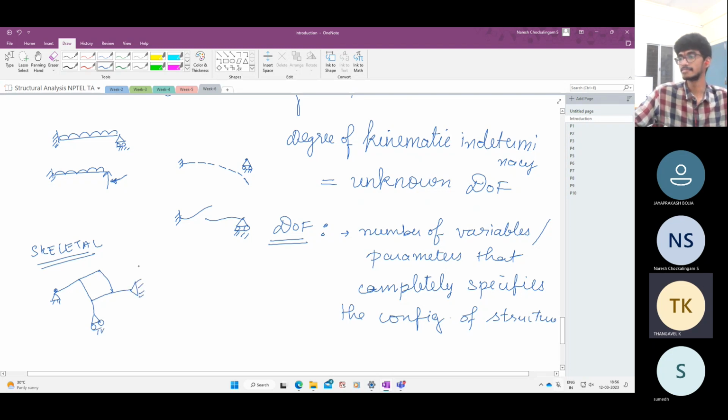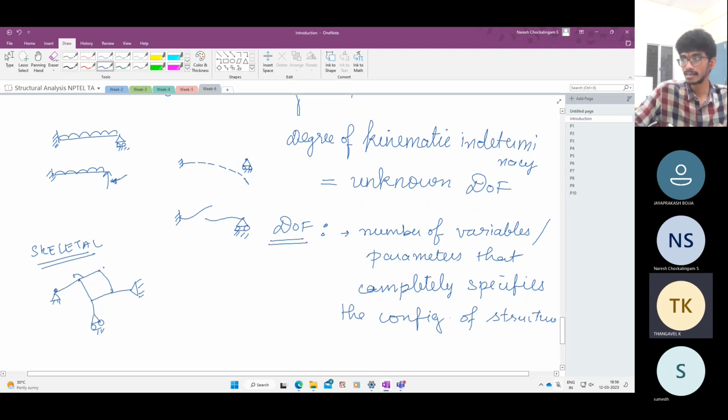So in skeletal structures, if you know the displacements and rotations of the joints, you can determine the internal displacements and rotations by using the static equations of equilibrium. So it is sufficient to consider only the degrees of freedom at the joints of the structure. Joints are also often called nodes in structural analysis.